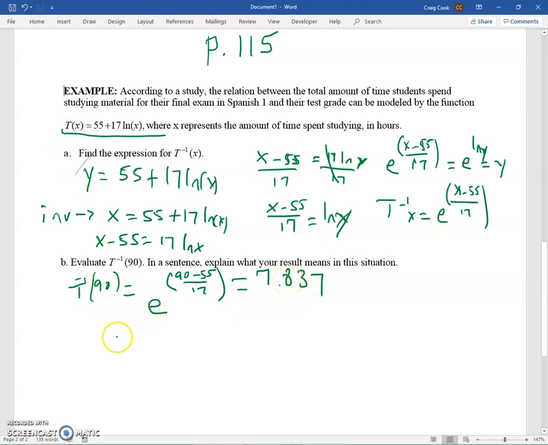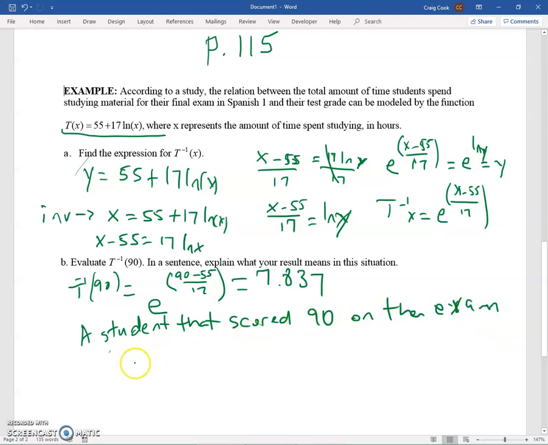So what this result means is a student that scored 90 on the exam studied, or is predicted to study, for 7.837 hours. There you go.